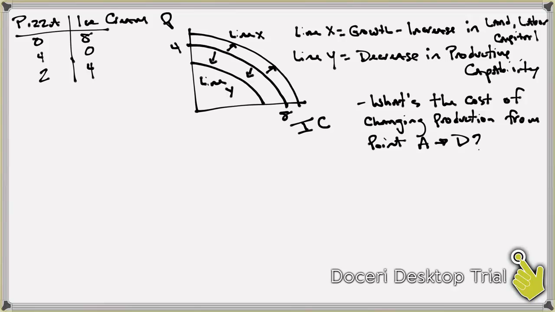So let's go back to our graph, and I'm going to put point A on my graph. And we said that point A was, oh shoot, wrong curve. Get rid of that. Let's say that point A was about right here. Okay? And we said that our numbers at point A were 2 pizzas and 4 ice cream.